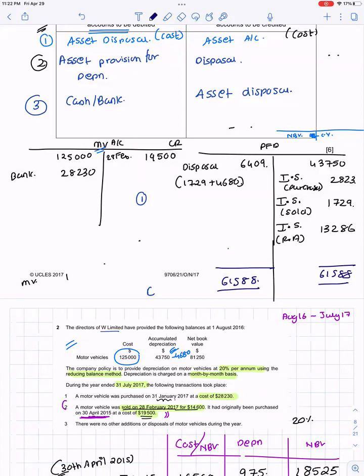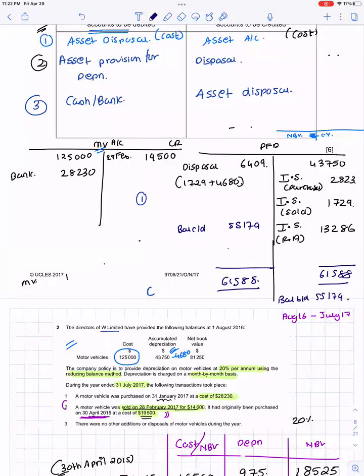From that you will minus this, so you will get your balance closed down, 55,179, and then you will get your balance brought down, 55,179. Are you with me? Yes.